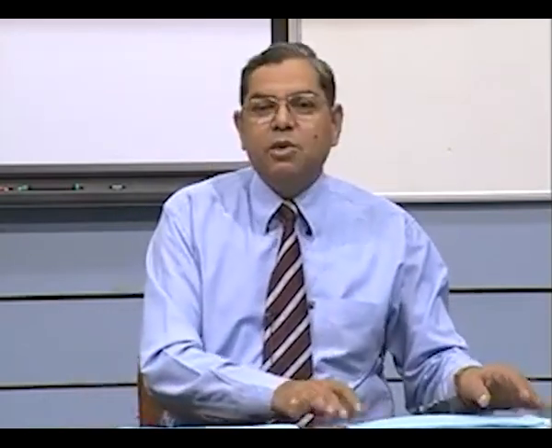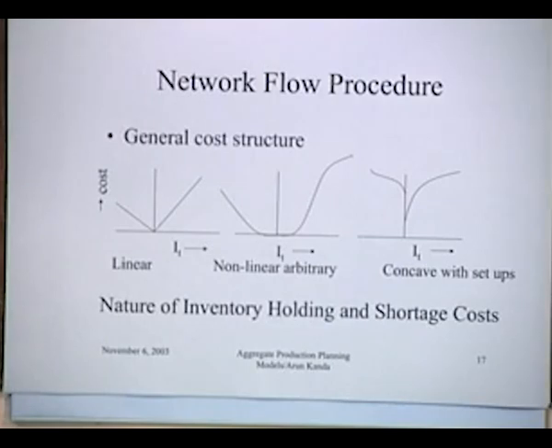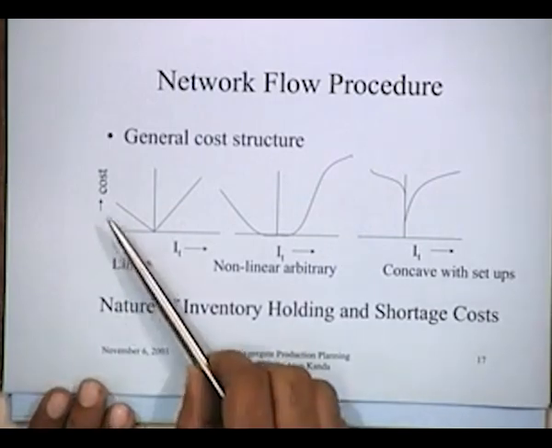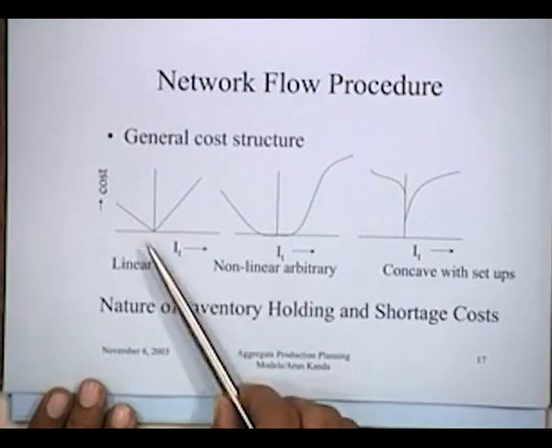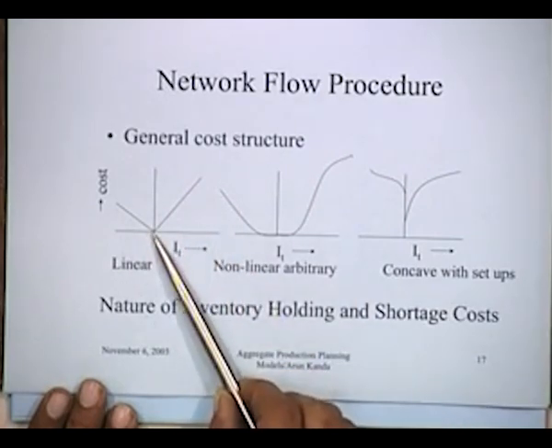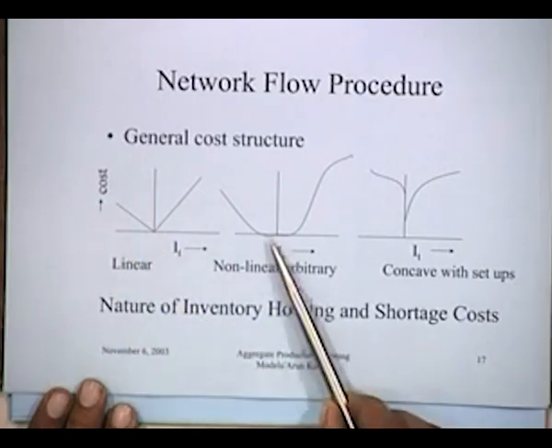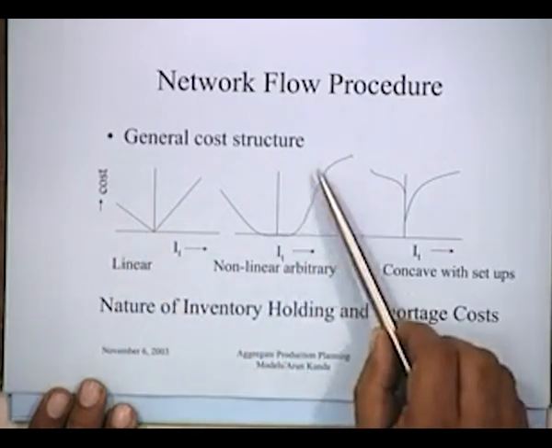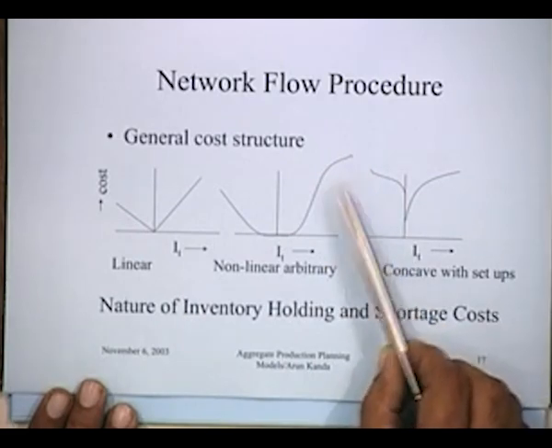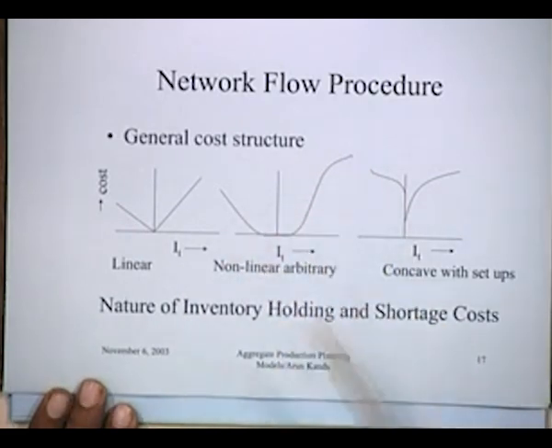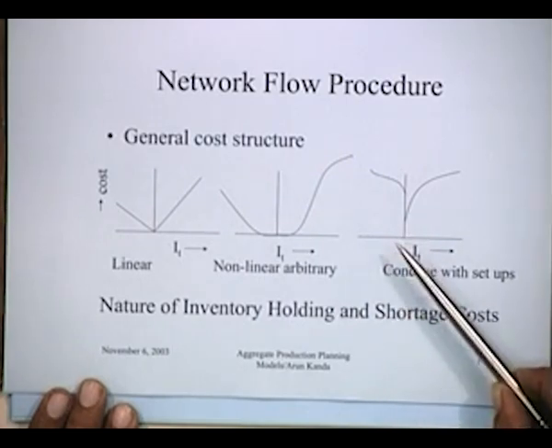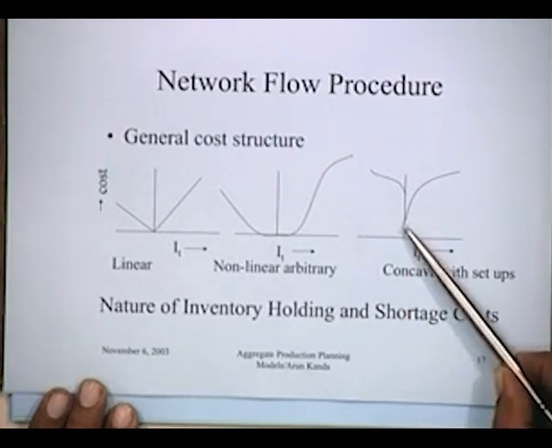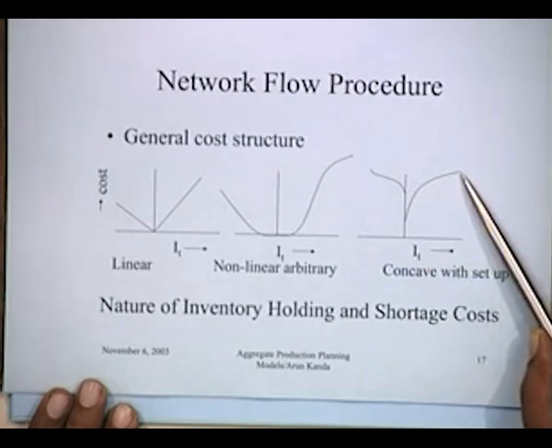Now let us look at the case when the cost structure is not piecewise linear. That means we are talking about arbitrary costs. You see, we have considered situations where, for instance, the holding cost or any other cost is linear, like this. Positive inventory holding cost is linear, and this is back ordering cost, which is also linear. Here these were arbitrary costs because it's going up and then it's coming down, so it's neither concave nor convex. Okay, if you have a general cost structure like this, or if you have setup costs, the cost of setup in a certain period is so much, and thereafter the costs exhibit economies of scale.